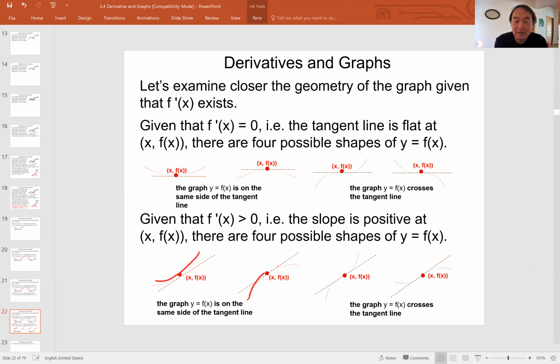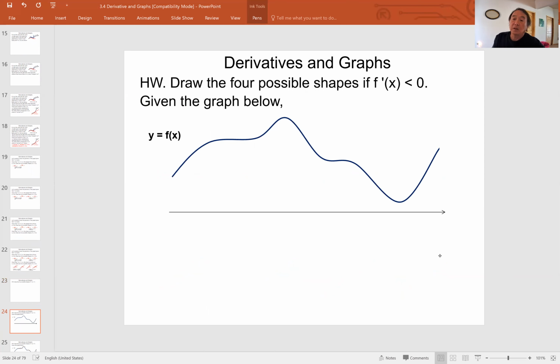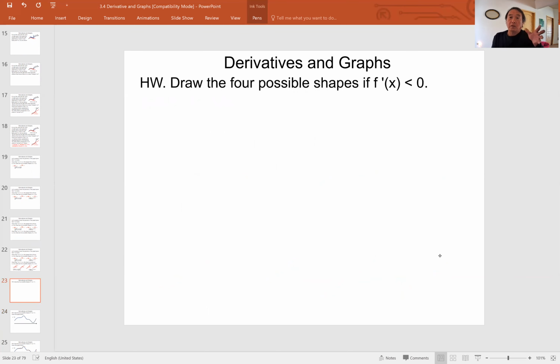Mind you again, these are the only possible shapes, the way it twists and bends, if the derivative is positive at that point.